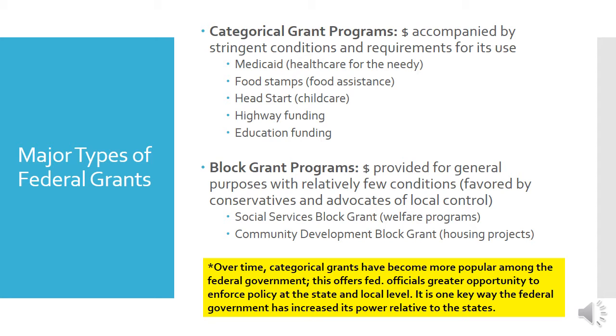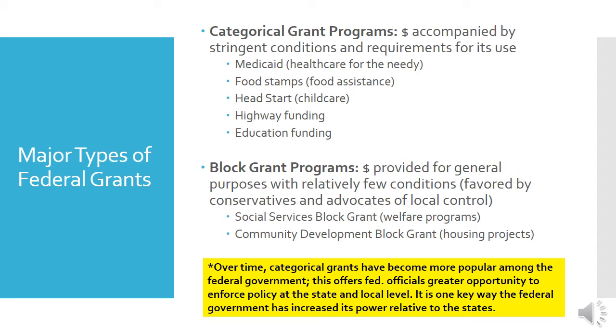And then there's another one called Community Development Block Grants, which are money that's given by the federal government to state and local governments to kind of redevelop cities and provide public housing for people and things like that. Again, not a whole lot of strings attached to it. There's a lot of local control that they can exercise on that.